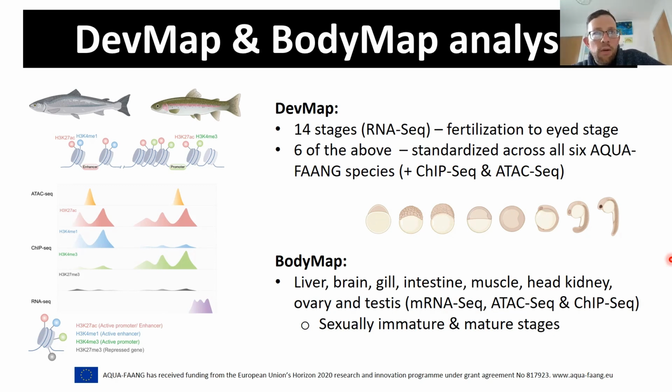And in AQUA-FAANG, we have 6 key embryonic stages that we've attempted to standardize across all the 6 species. And for these samples, in addition to RNA-seq, we have the ChIP data with 4 histone marks and ATAC-seq.